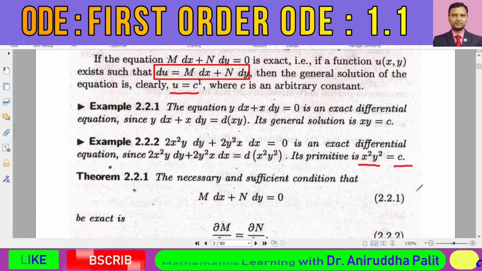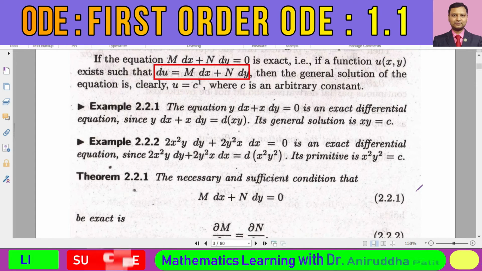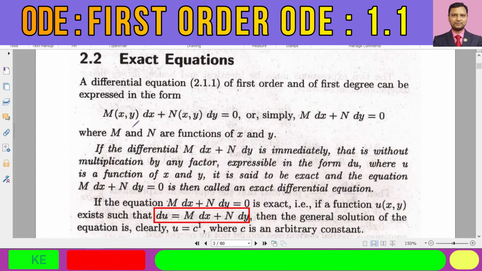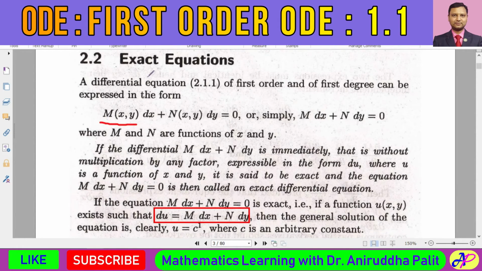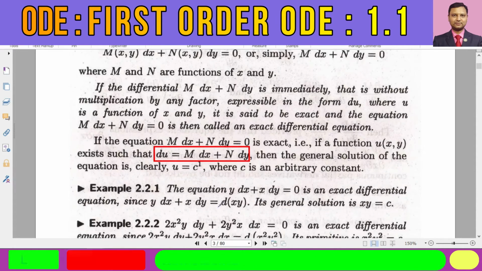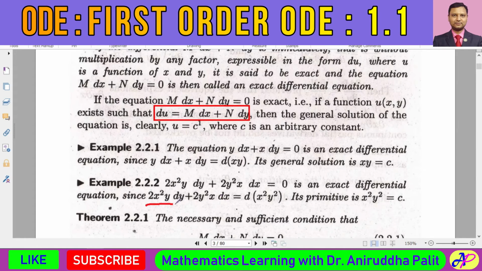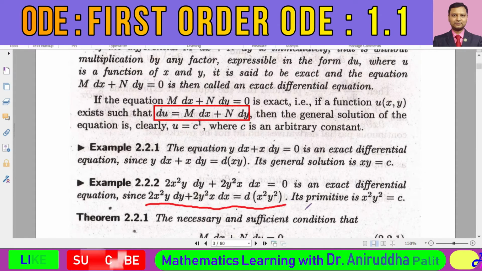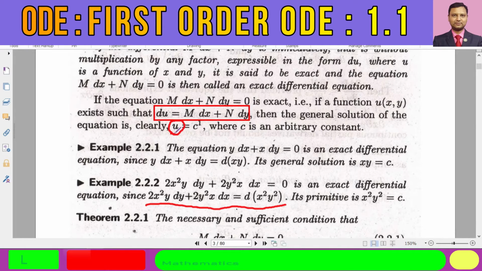So in this way we can compute the integral of a differential equation in exact form, and this kind of differential equation is called an exact differential equation. But if you see, these were simple expressions, and by observation it was easy to compute the expression of this function u.